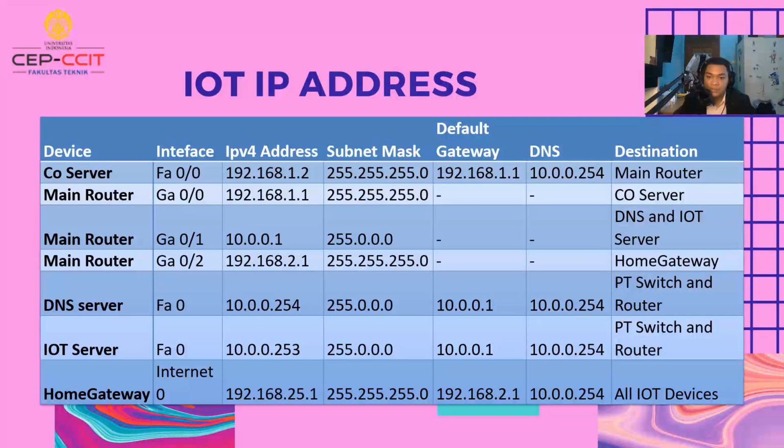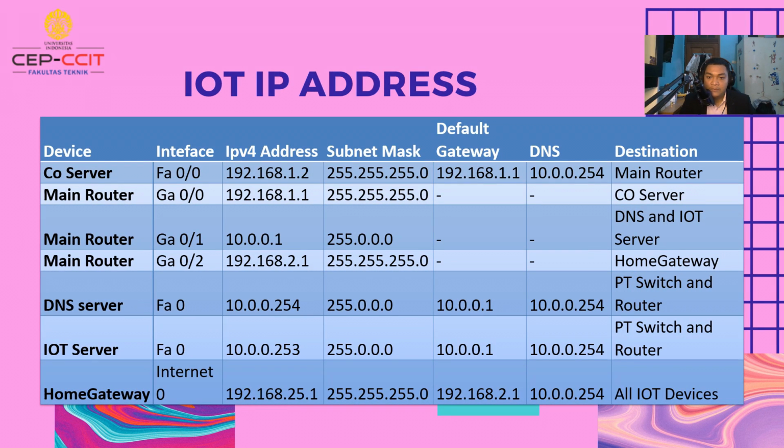It is the same as the IPv4 address in the main router interface GA0/0. In main router GA0/1 the IPv4 address is 10.0.0.1 with the subnet mask 255.0.0.0. The destination is the DNS and the IoT server.